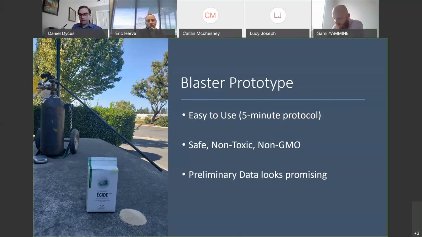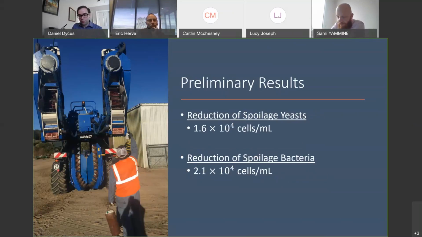It takes about 5 minutes, and so we wanted to validate the data inside the laboratory at UC Davis, inside the research winery, and then move to the vineyard trials. And so the preliminary data looks pretty promising. We saw reduction of spoilage yeast at 10 to the 4 and bacteria as well.